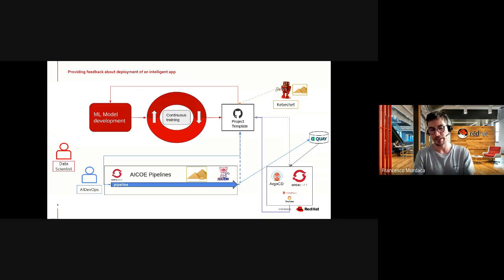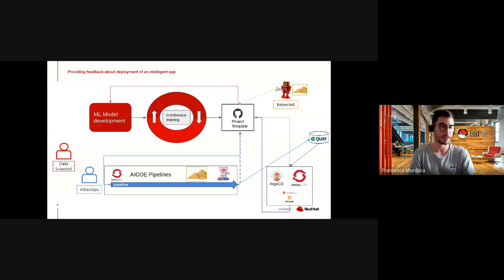So this basically is the typical workflow that you have. You work on your ML model and deployment and development of your application. You create pipelines for continuous training. So if there is, for example, data drift, you want to retrain your model.